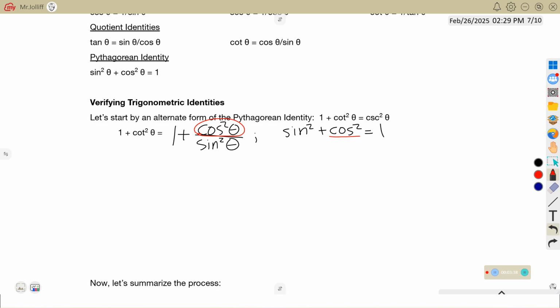So we're going to do some algebra. Any suggestions on how I get rid of the sine squared over here? How do I undo addition? Subtract. Yeah, let's subtract sine squared from both sides.